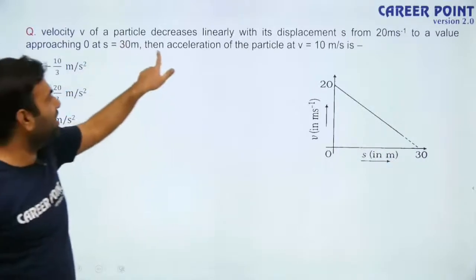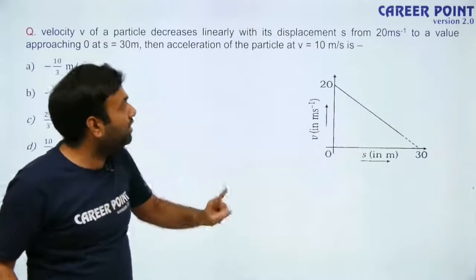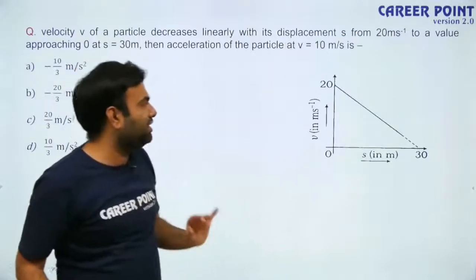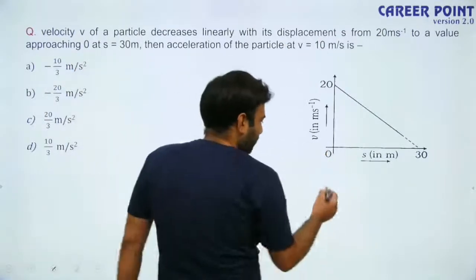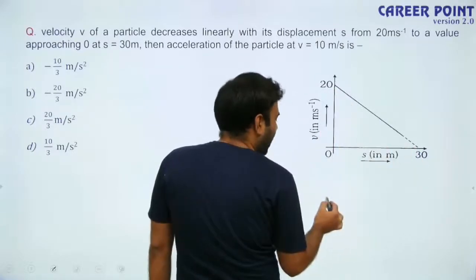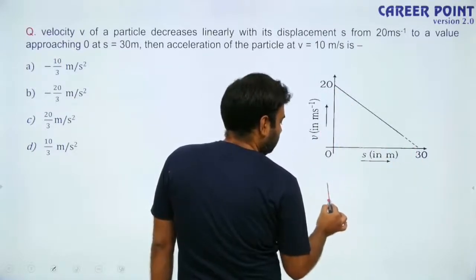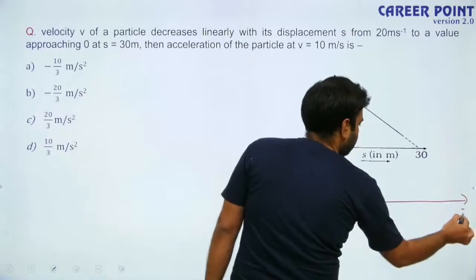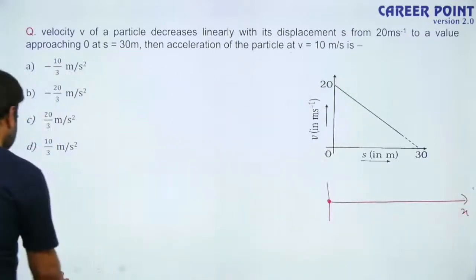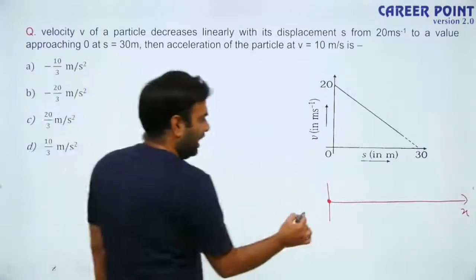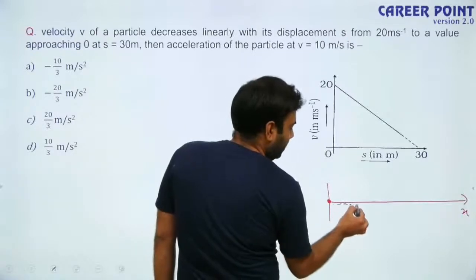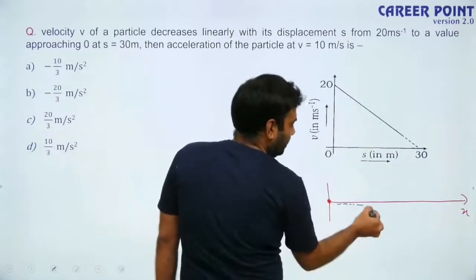Then what is the acceleration of the particle when its velocity is 10 meter per second? See, as it is moving, first of all, this is not the path, actually it is moving in this direction. As its displacement is increasing, its velocity is decreasing.